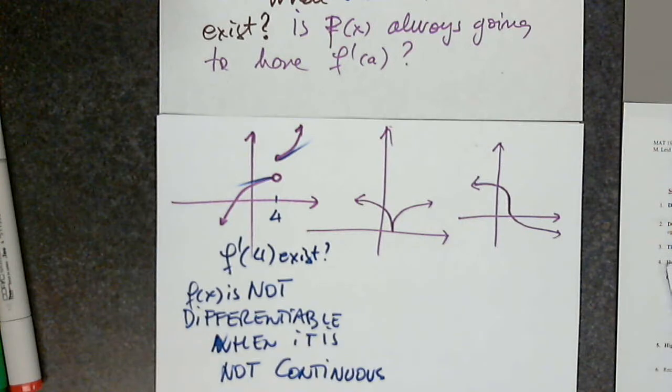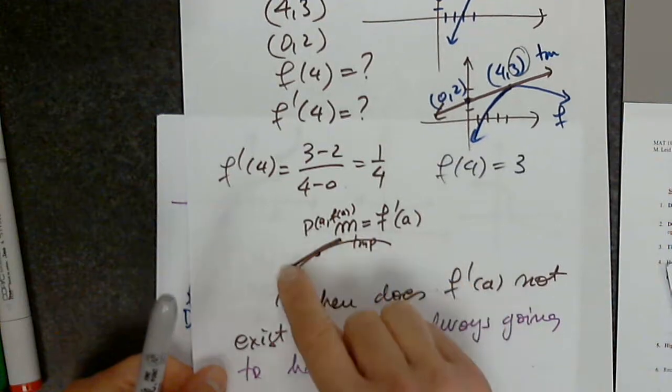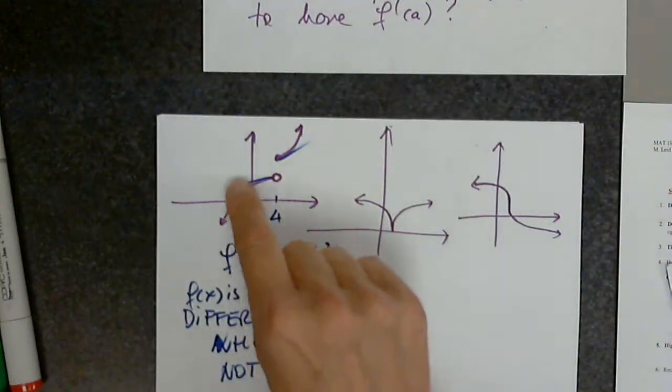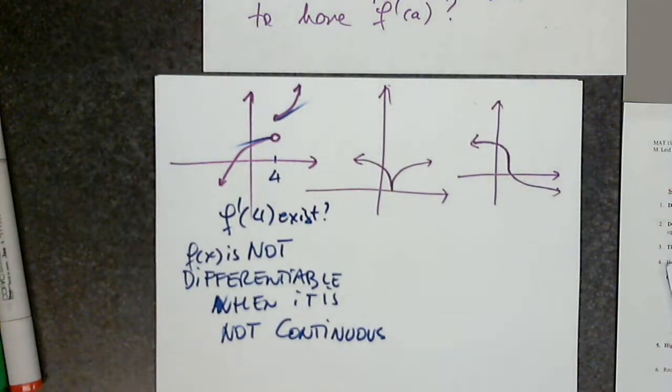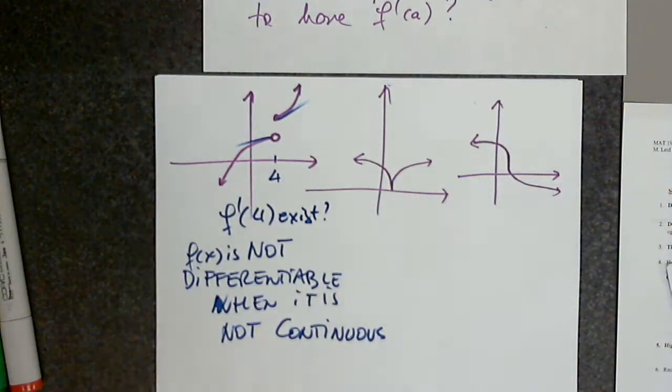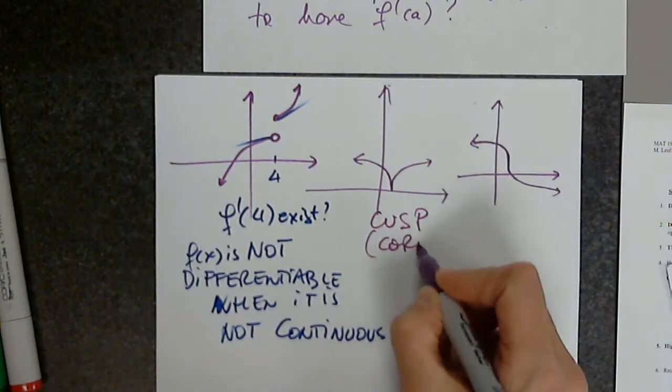If a function is not continuous at a point, it cannot be differentiable at that point, period. It has to have a unique tangent. It does not have a unique tangent. It has two tangents. This one, it's called a cusp, or even corner.